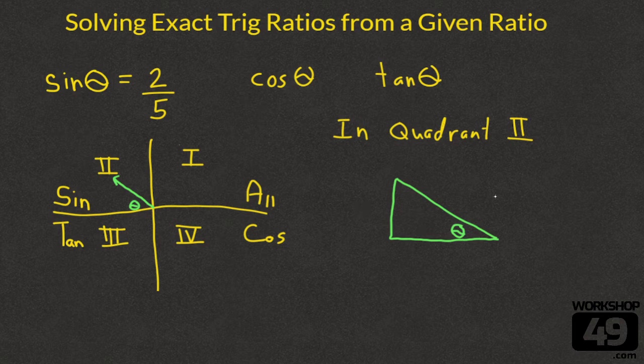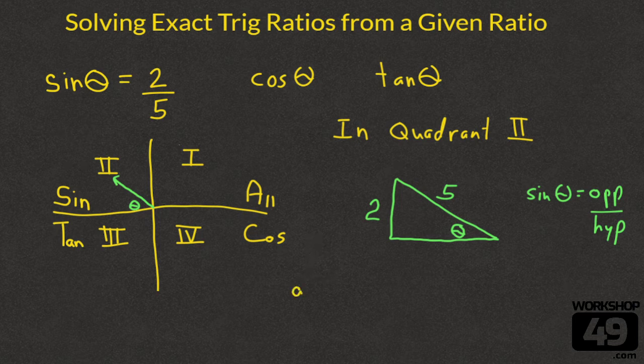If this is our reference angle, and we know that sine of theta is equal to our opposite over our hypotenuse, that's SOHCAHTOA, we look at the given ratio that we have, 2/5. Opposite over hypotenuse. Opposite, hypotenuse. We need to know this adjacent side. To get that, we're going to use just a little bit of Pythagorean theorem.